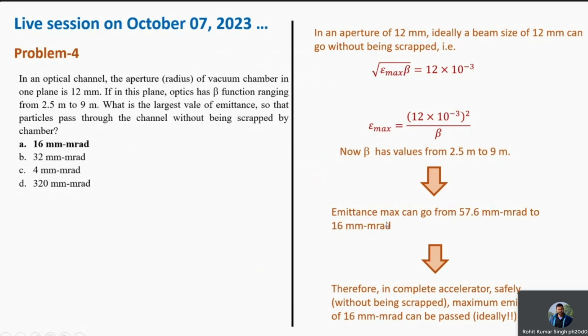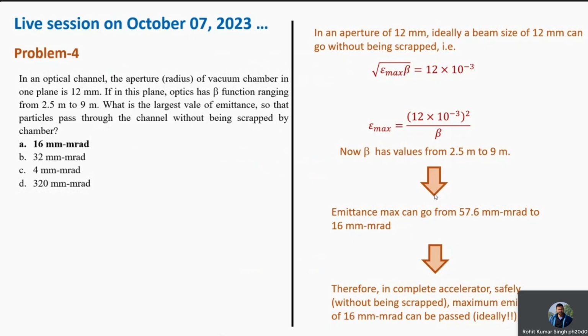So 16 millimeter milliradian is the emittance which will pass from everywhere without any problem. So 16 millimeter milliradian is the largest emittance which can be passed without being scraped. Is it clear or not? So if we have two values, we should always choose the lower one in the case of emittance. Yes, because the bigger one will be scraped at a certain narrow point where beta is high.